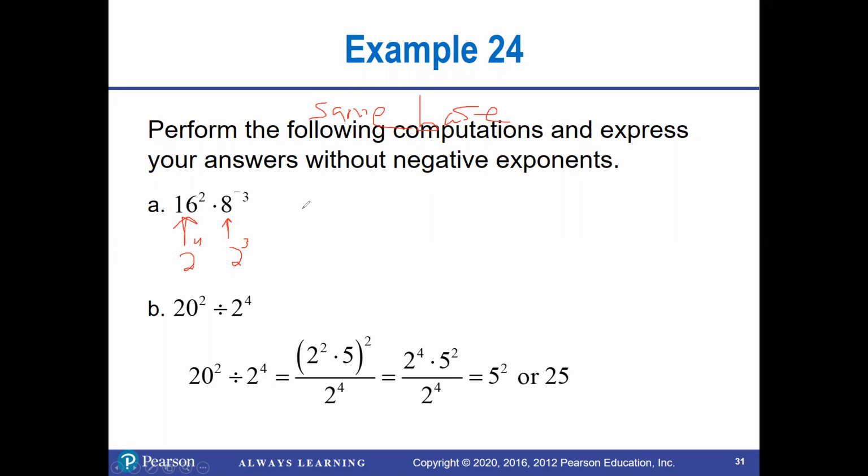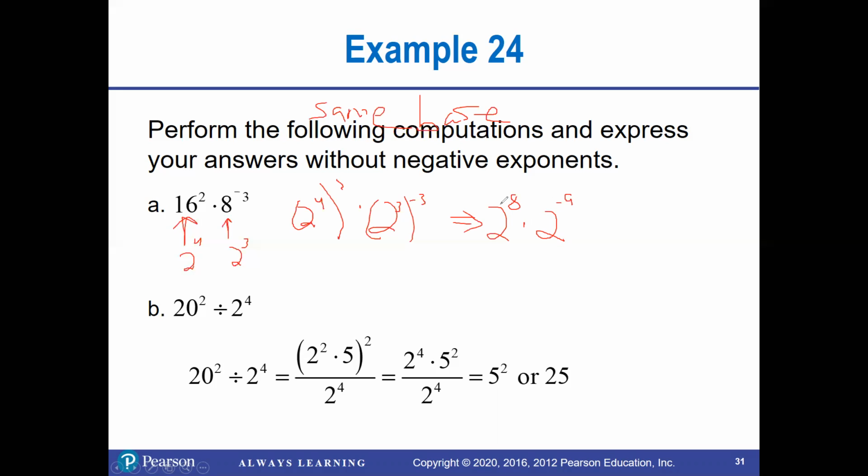So this would be 2 to the 4th all to the 2nd power times 2 cubed to the -3. Now if I use my exponent rules, that's going to give me 2 to the 8th power times 2 to the -9 power.